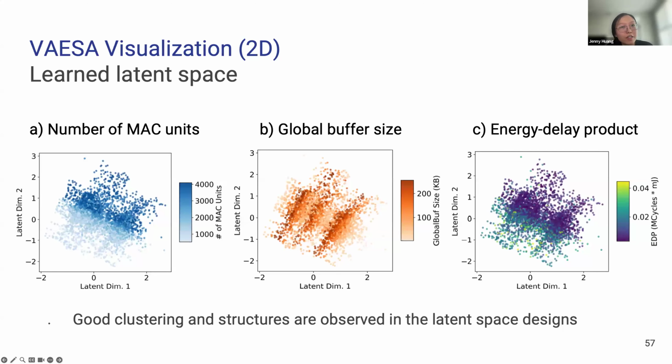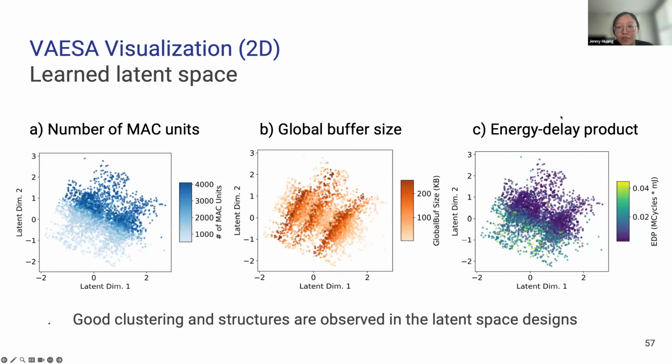And here is a visualization of the trained latent space. We took this 2D latent space example we trained in VISA and visualized it. The color represents the magnitude of various properties of the hardware design. The first two figures show how designs with different numbers of MAC units and global buffer sizes are arranged in this 2D latent space.